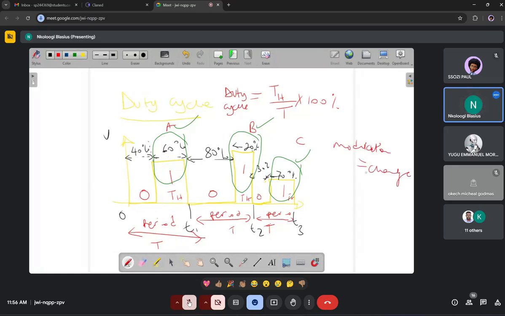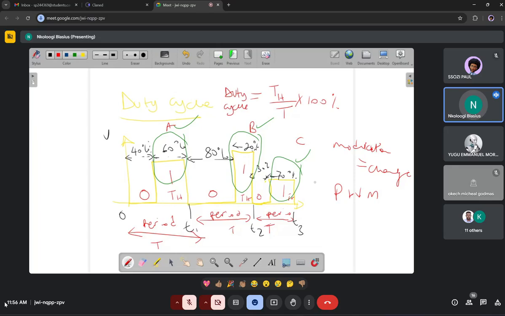If we say pulse width modulation, remember in our duty cycle, the highest duty cycle here is the one with a percentage of 70. It is C, and its width is what gives us the knowledge that this is the highest duty cycle.